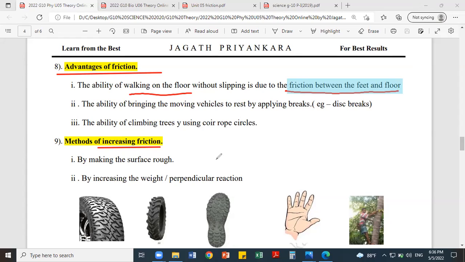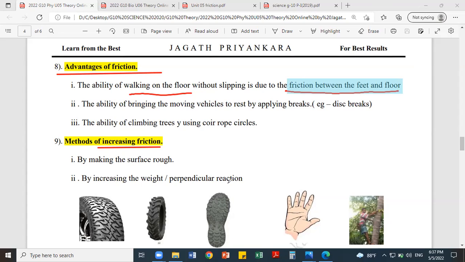To avoid that, they have increased the roughness of the leather or rubber of the football and cricket shoes or boots. That is to increase the roughness. Even if you take your slippers or the sole of your shoes, see here, you can write the label: this has treads on the sole of shoes and slippers, in various patterns. We call them treads. When they are worn out, we have to replace them.